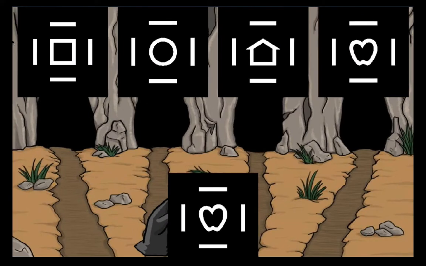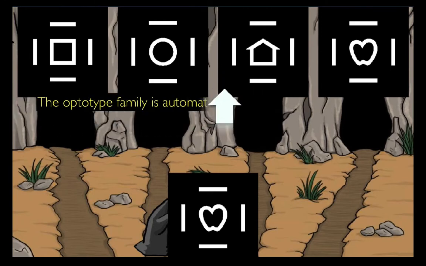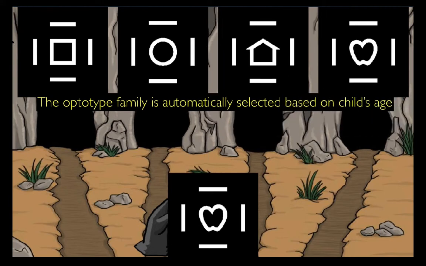This is one of the screens that the children see during the vision screening process. Everything is completely randomized. I'm going to talk about that. But at the very top is the optotype family that is automatically selected based on the child's age. So the person administering the examination doesn't have to worry, oh, should I use Leah symbols or should I show HOTV? There's nothing for them to worry about.